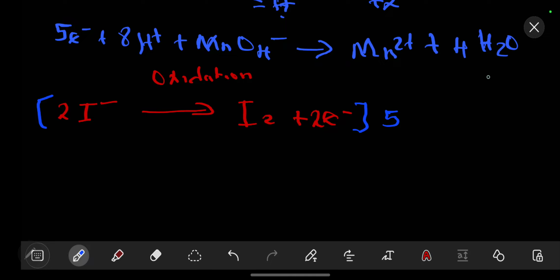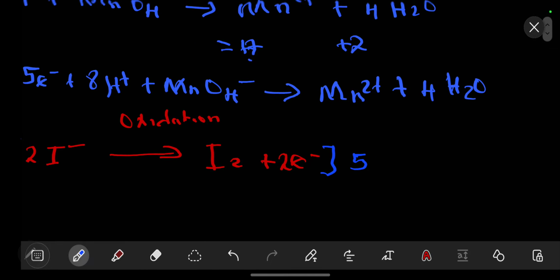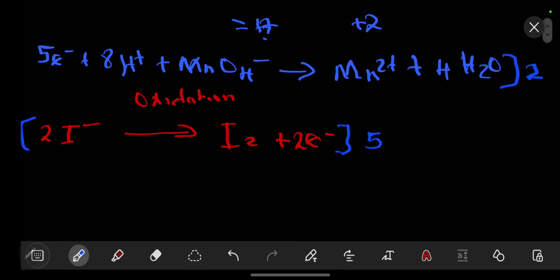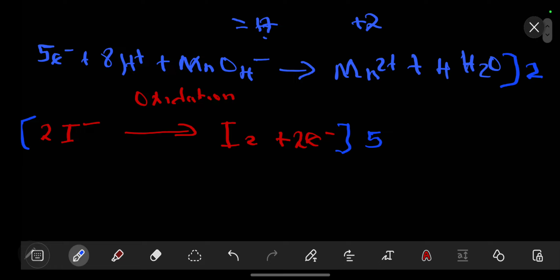So what am I going to do? We are going to go back to our equation, and where there is this one, I'm going to multiply now. I'm going to have a 2. So they interchange a 2 like that. This 2 is multiplying everything throughout. So we have a 10, so we have 10 electrons.